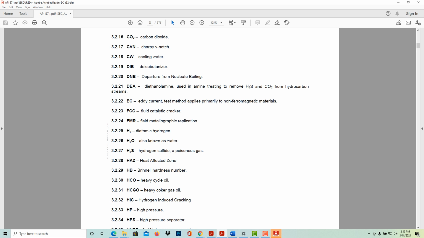CVN, Charpy V-notch. CW, cooling water. DIB, deisobutanizer. DNB, departure from nucleate boiling. DEA, diethanolamine, used in amine treating to remove H2S and CO2 from hydrocarbon streams.